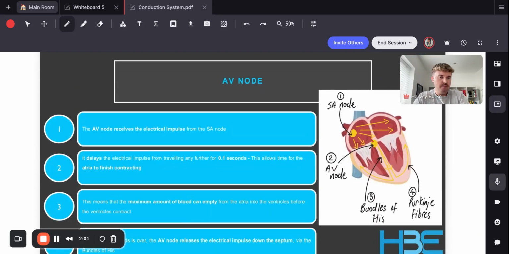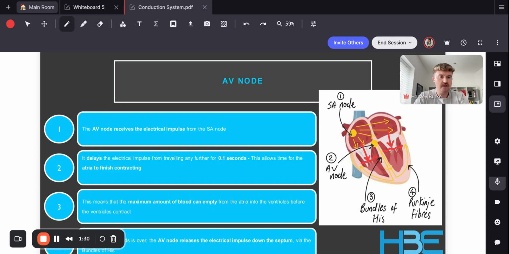Then the electrical impulse reaches this second node, which is the AV node. And when the AV node receives that electrical impulse, it holds on to it for 0.1 seconds. So it creates this 0.1 second delay whereby the electrical impulse isn't able to travel any further at the moment. And that just allows a bit more time for the atria to finish contracting so that you can get the maximal amount of blood filling up in the ventricles before the ventricles then contract.